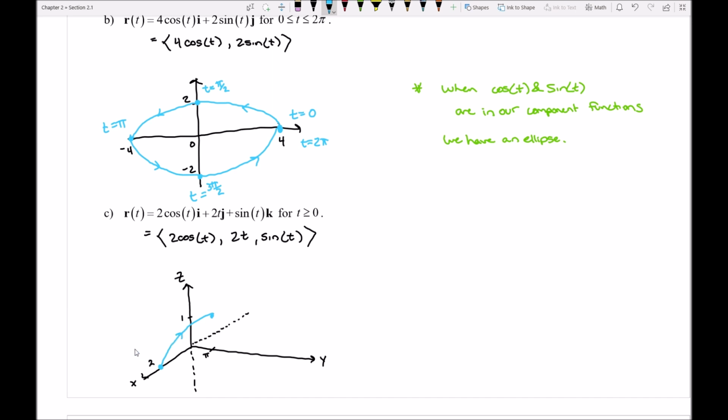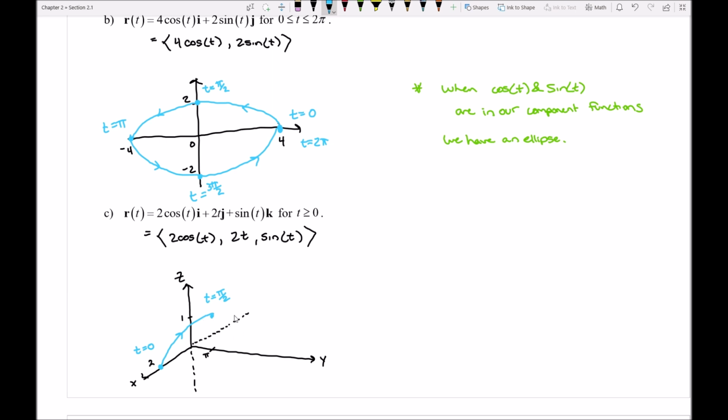What's happening here, this happened at t equals 0 and t equals pi over 2, is that I'm creating the start of this oval type shape. You could imagine that if I went to pi, then I would have a curve that comes down as well, and it's not going to be as high in the z direction. The z is going to bottom back out to 0.